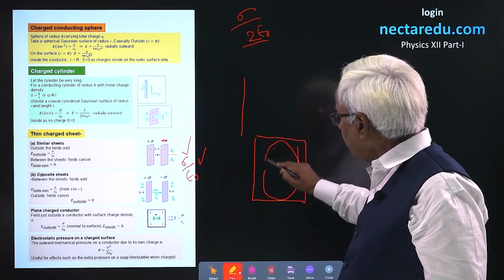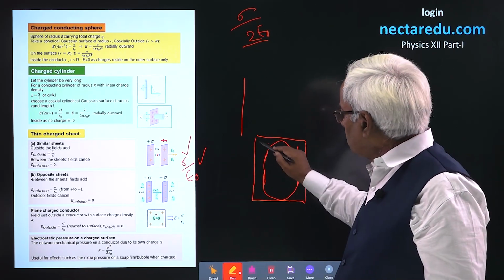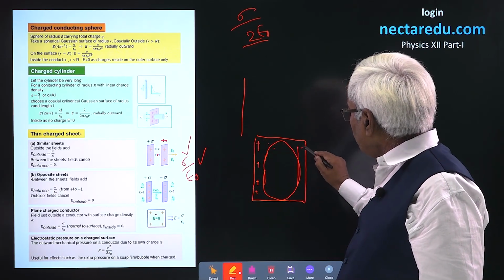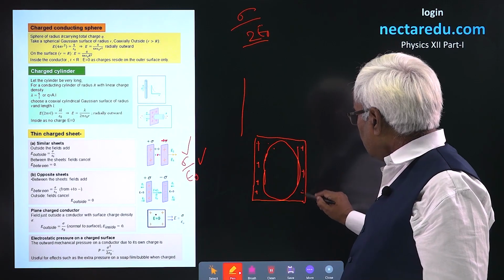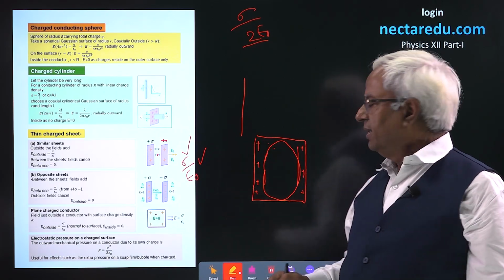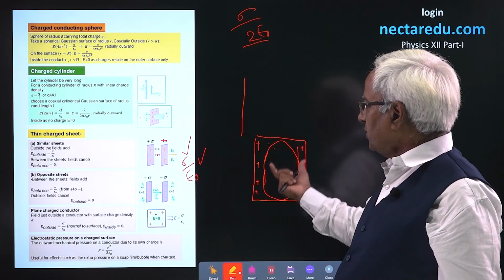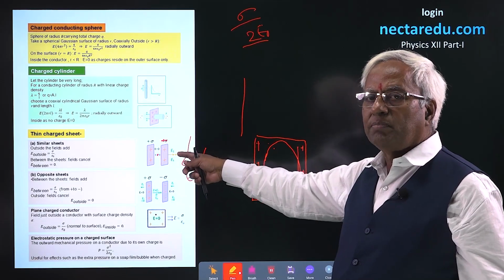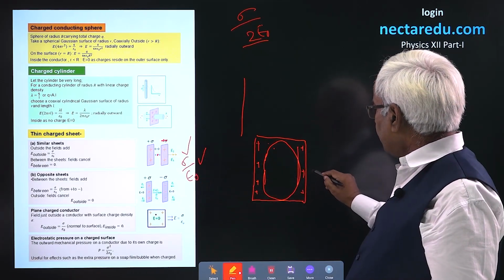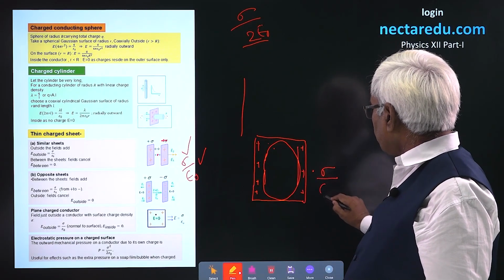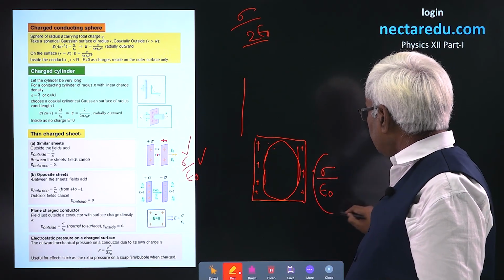Only the two surfaces are going to have the charge, and obviously they'll behave as two thin similarly charged sheets. So for two thin similarly charged sheets, we have the field outside sigma upon epsilon naught. You can say near a plane conductor, the field is going to be sigma upon epsilon naught.